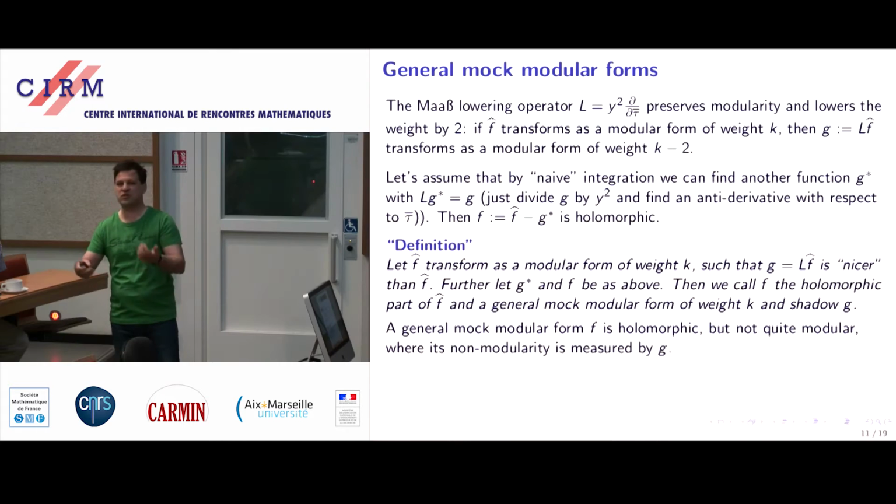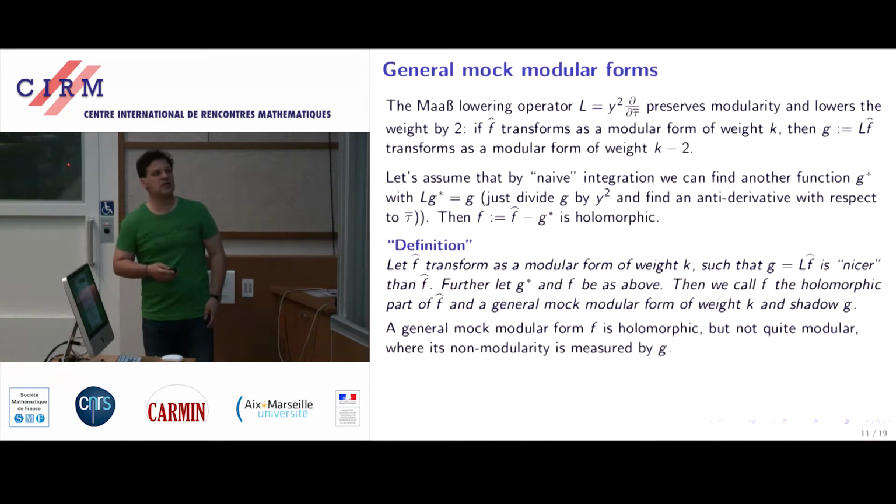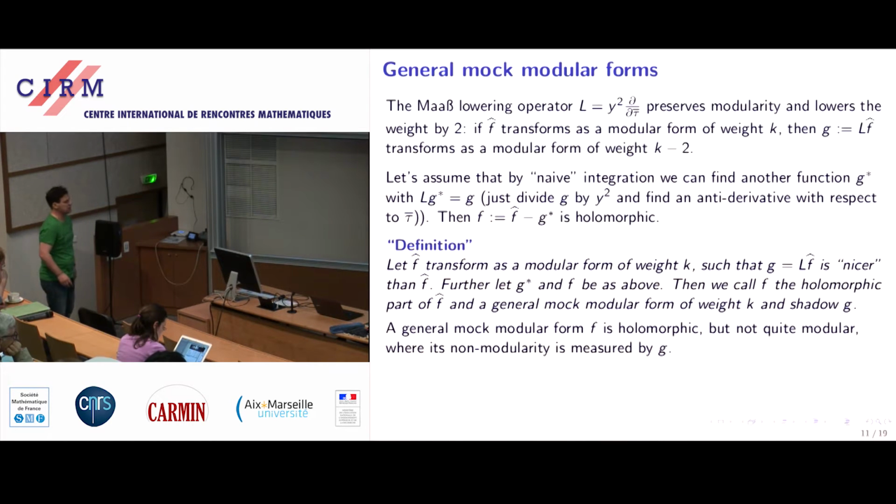You could call it g, you could call it the shadow, although it doesn't really on the nose correspond to what we know as the shadow. But yeah, so it's holomorphic, not quite modular, but its non-modularity is measured by g. If I have g, you can always construct g star by naive integration, and then that tells you exactly what to add. So up to g, you know exactly what its modularity is.